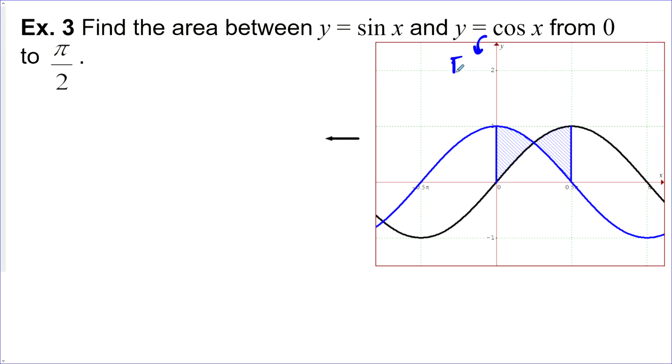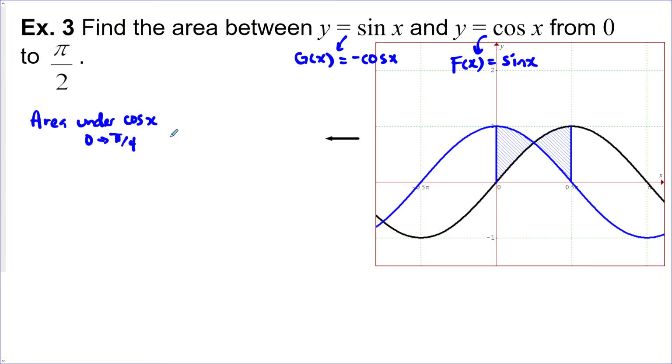So the antiderivative would be sine x. Now this function here would be my g of x then, and the antiderivative of that would be negative cos x. So let's do area under cos x from 0 to pi over 4.